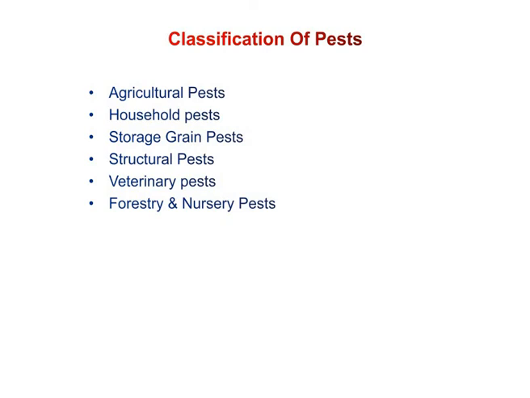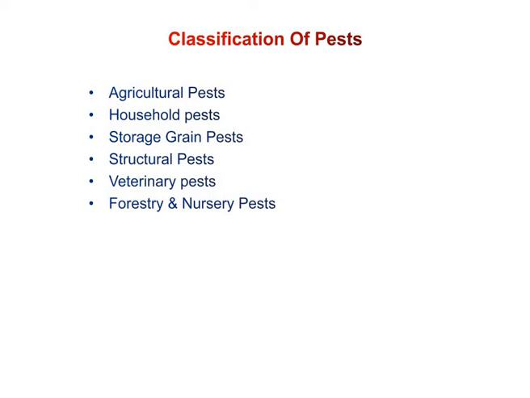Now the third type of pest is the storage grain pest. It includes the pulse beetle, rice weevil, red flour beetle, and yellow mealworm. So there are different types of stored grain pests.